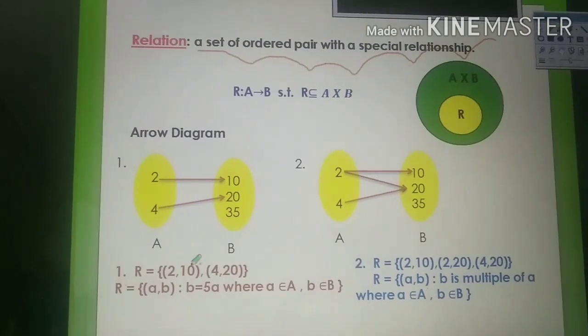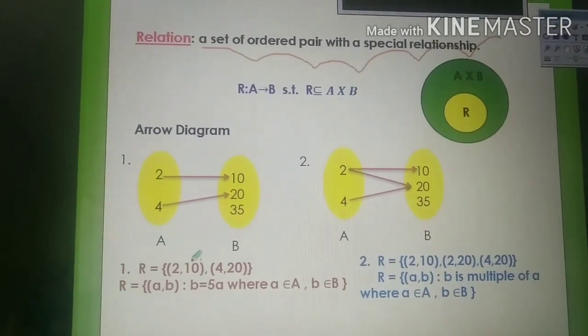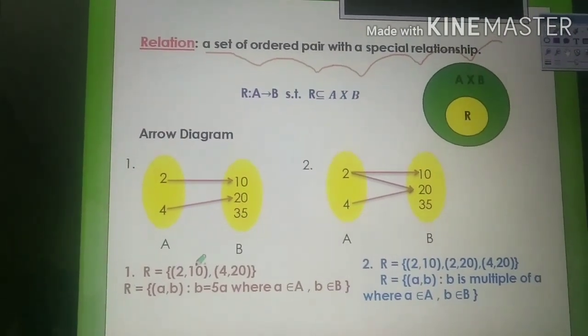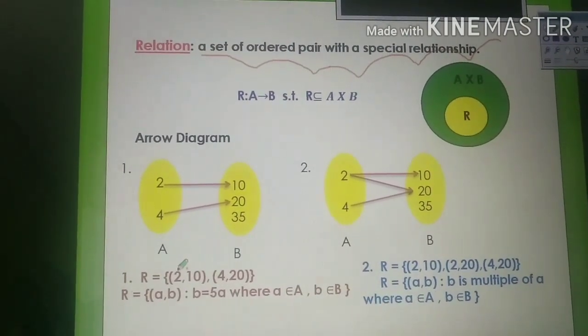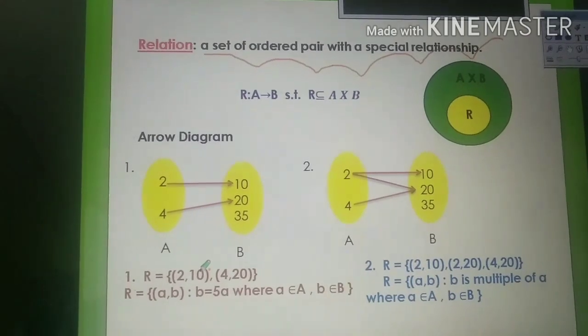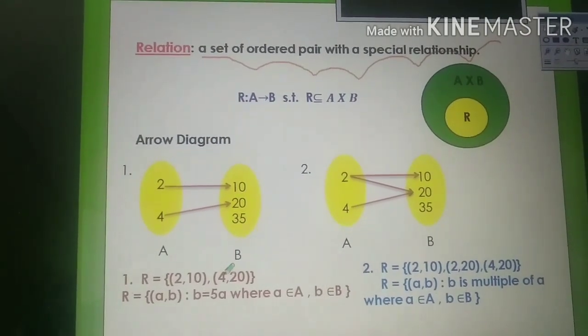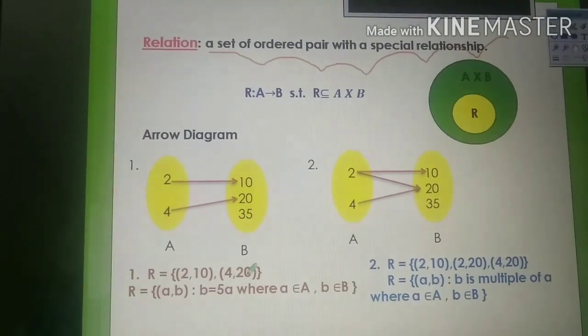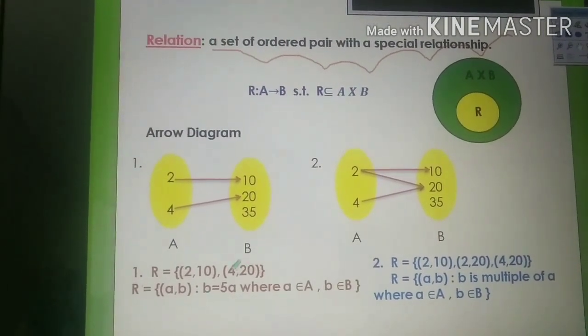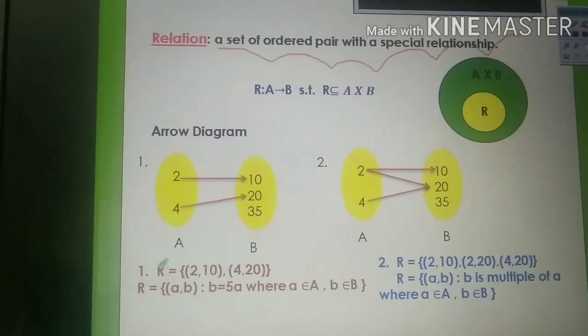We can easily see there is some relationship between the first element and the second element of the ordered pair. 5 times 2 gives you 10. 5 times 4 gives you 20. So there is some relation between these two elements. That's why it is a relation.